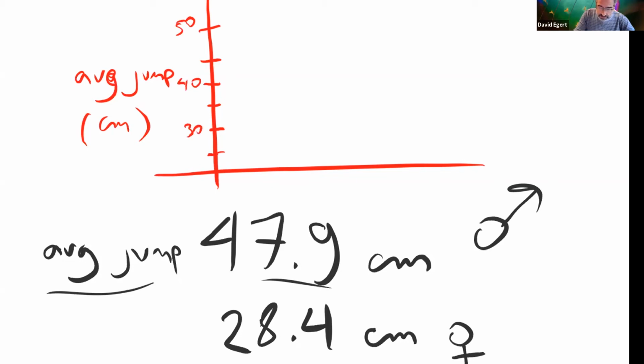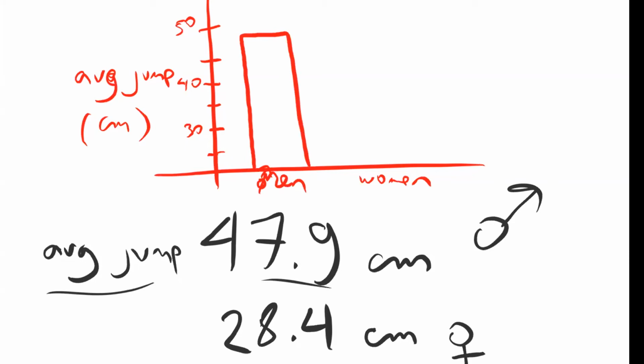And I could have men and women. I could say men goes up to about 47, women comes up to about 28. So this would be a good reason to use a bar graph, where there are two categories, men versus women.